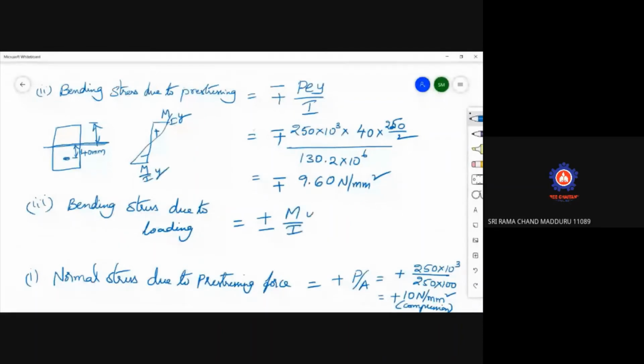What is the value of M here? 14.4 into 10 power 6 Newton mm into 250 by 2 by 130.2 into 10 power 6. What is that value? 13.83.